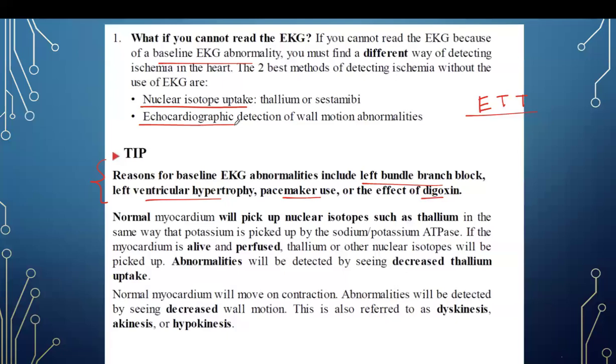The live and perfused myocardium, which means the heart muscle, will take up the thallium. But let's say all parts of the heart have taken up thallium equally, except this part. That means most likely the artery that supplies this part might be blocked a little bit, and that's why this part is not getting enough dye. That's what we look for in the thallium scan.